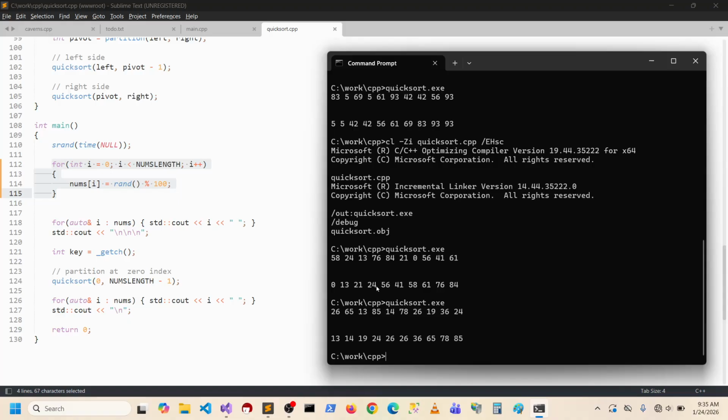So we're going to plug these numbers in and see what's going on with that. And now I'm wondering if it was the left side.